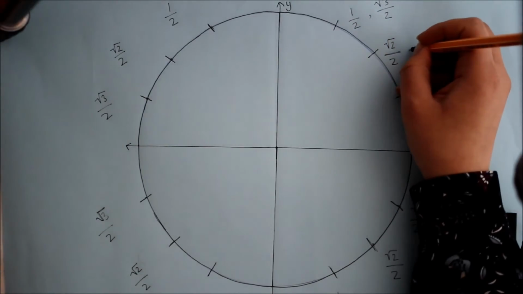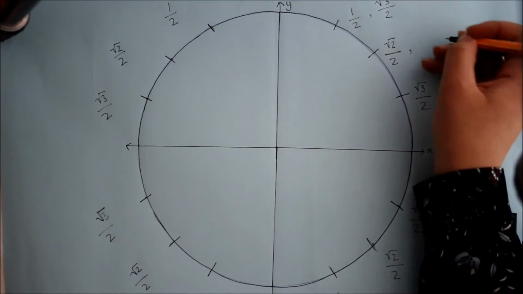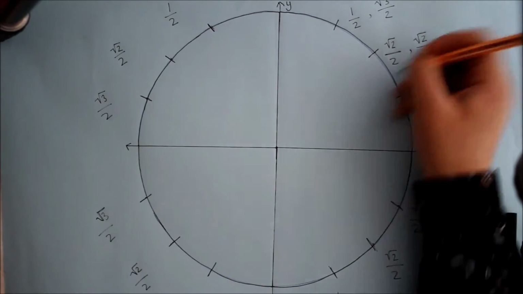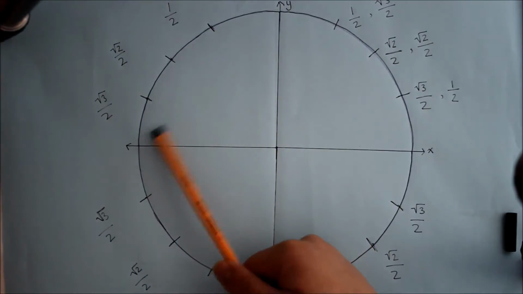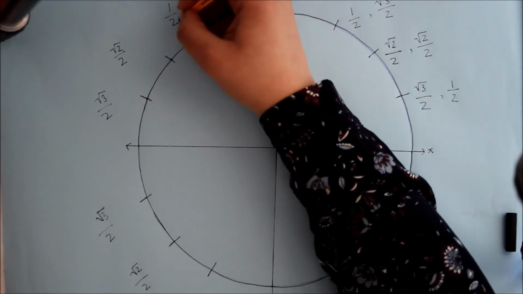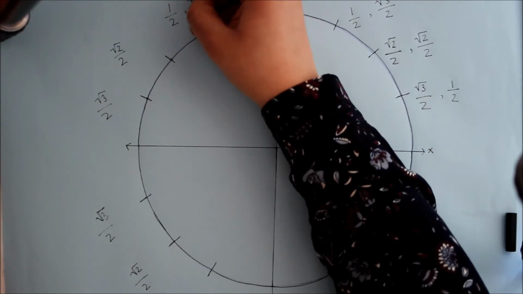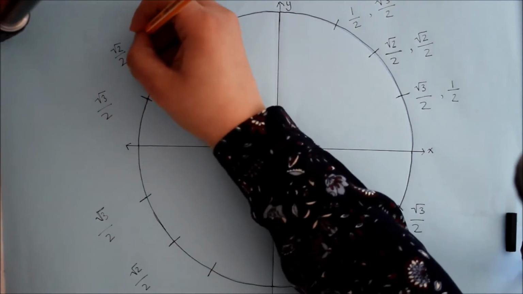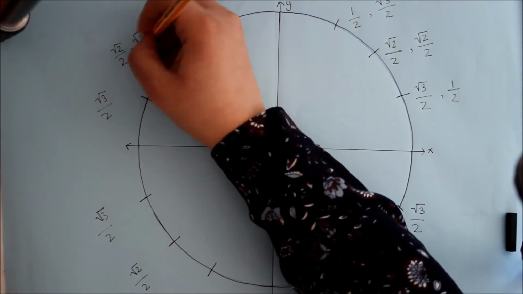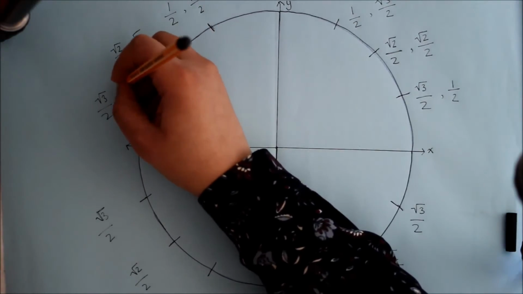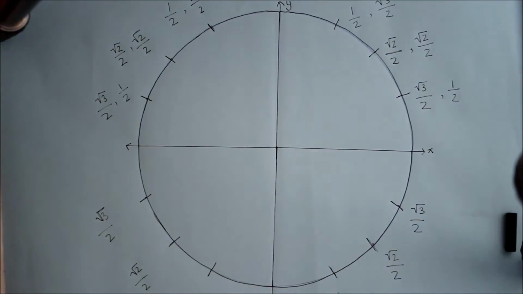Now for square root of 2 over 2, it's very simple. It's just the same number. It's double. Now you wanna do the same all over. Okay, so if we have 1/2, it's always going to be square root of 3 over 2. And for square root of 2 over 2, it's always double. Square root of 2 over 2 is always 1/2.